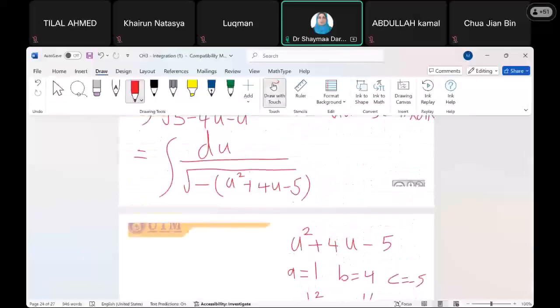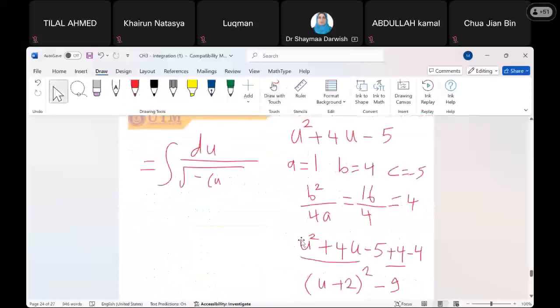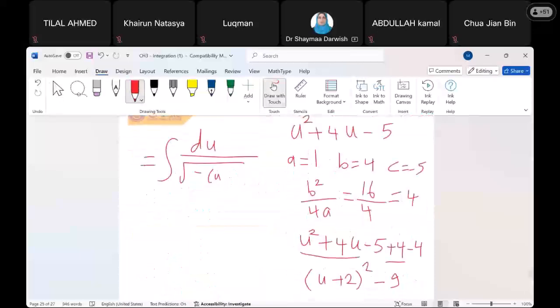So this is the integration of du over square root of minus, u plus 2 square minus 9.